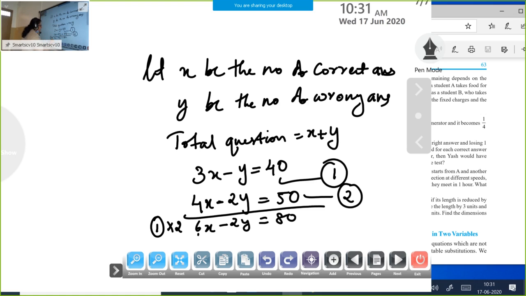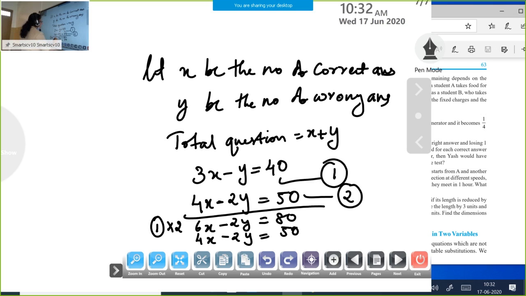Then 4x, no need for multiplying, 4x minus 2y, here the y term is the same, is equal to 50.